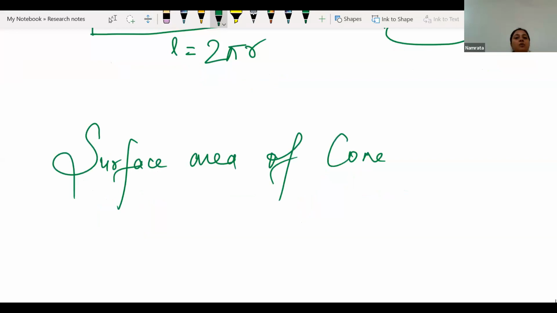Surface area of cone. Now how will we have a cone? Give me a second, let me draw the figure properly.